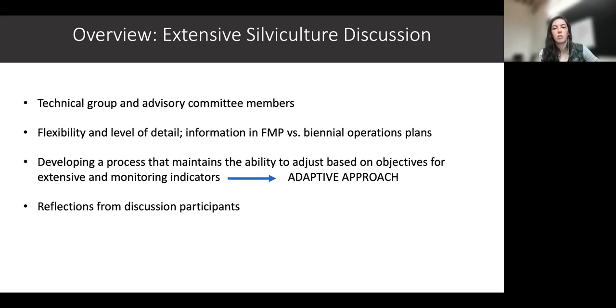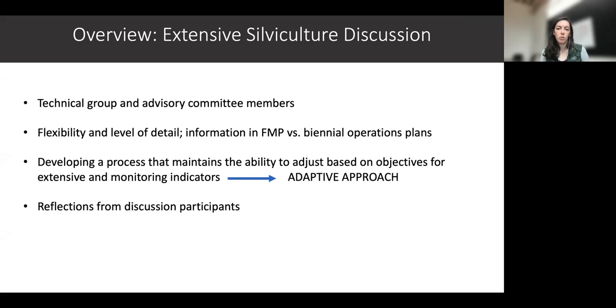This really ties into the adaptive approach that's envisioned for the forest. And this also ties to one of the discussions that we'd like to have with this group today about the draft adaptive chapter that was shared. Those are the high-level pieces of conversation from that meeting last week.